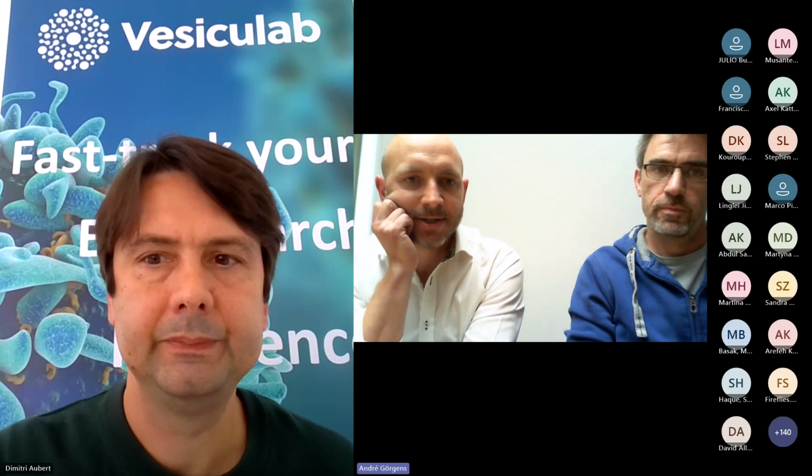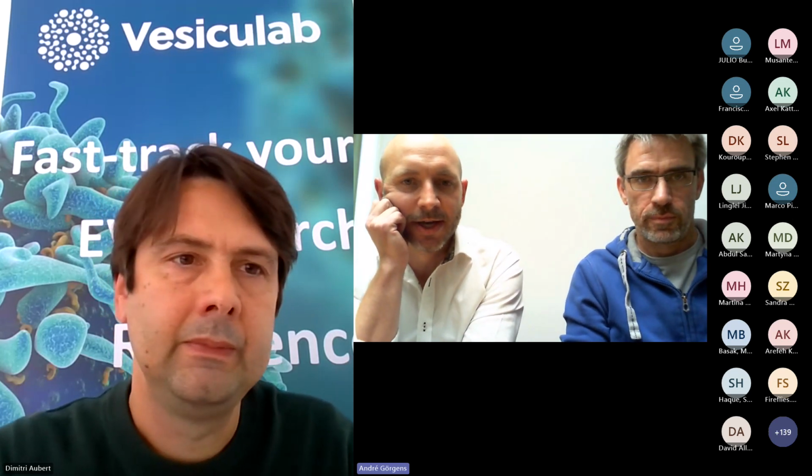For the exogenous loading, because of course here we use both systems, exogenous and endogenous. I assume you mean the electroporation when we're loading the payload. Yes, it was in the presentation. That's a good question. Since doxorubicin is autofluorescent, the loading is based on reading the fluorescence of doxorubicin, so it's quite simple to control for that.